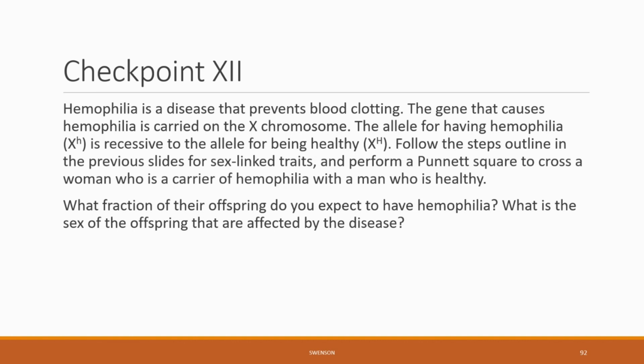Okay, so that man does not have hemophilia. What fraction of their offspring do you expect to have hemophilia? And what is the sex of the offspring that are affected by the disease?